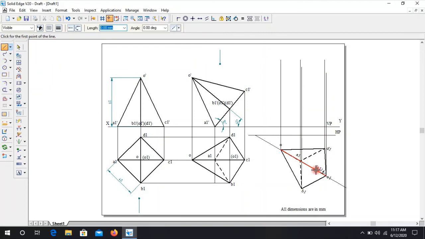And also one more projection from point O1 also. Horizontal projection from all the corners.